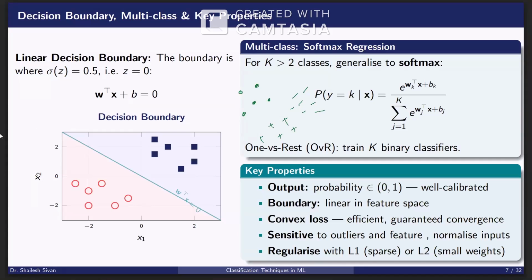What we will do is find W transpose X plus B by taking one class as positive and all other classes as negative.